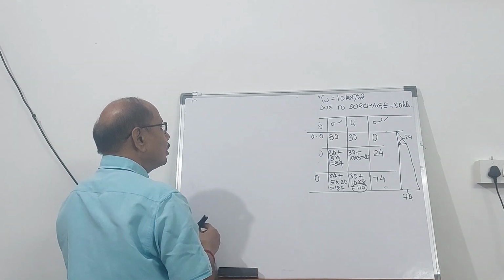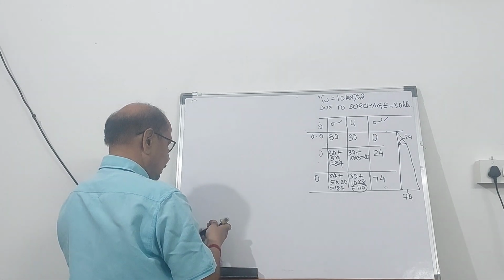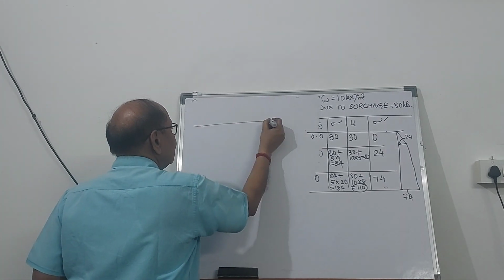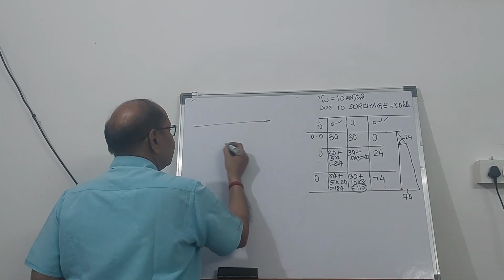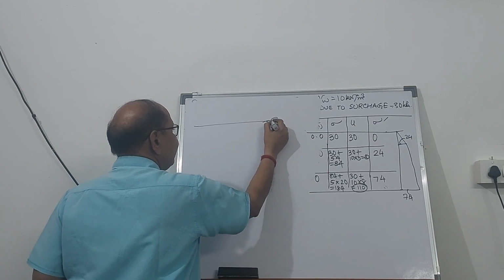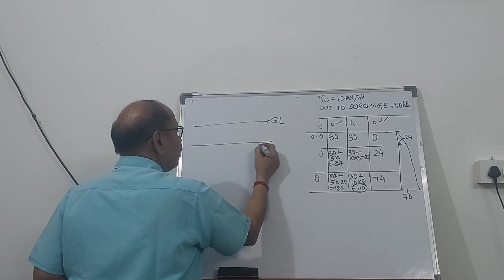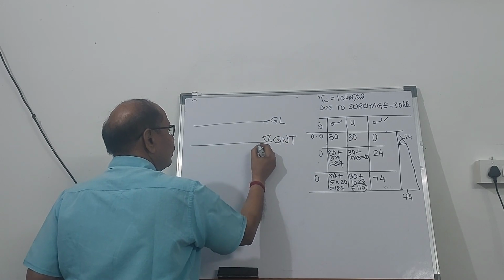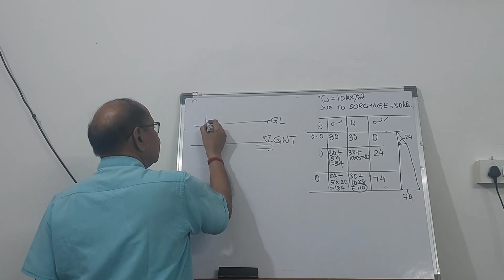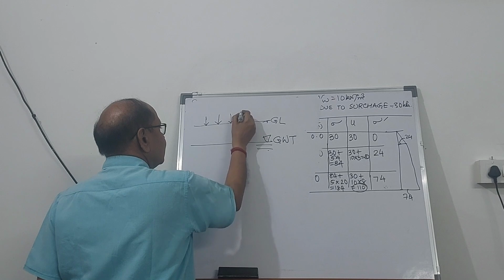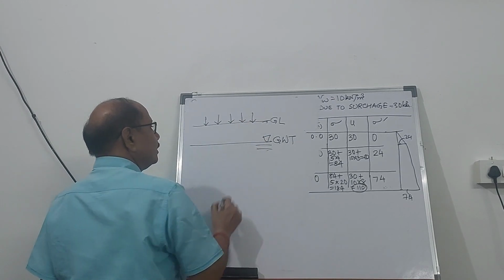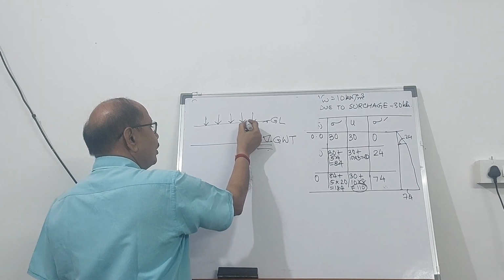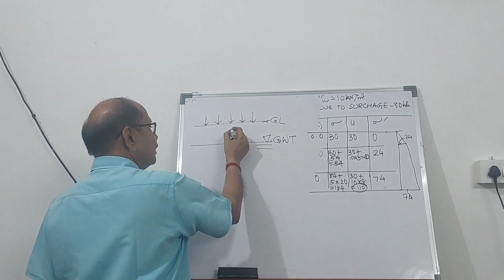One point more over here. Here, I had taken the problem where the groundwater table was at the ground level itself. But if the groundwater table is below this, then there will not be any shooting up because it is dry.